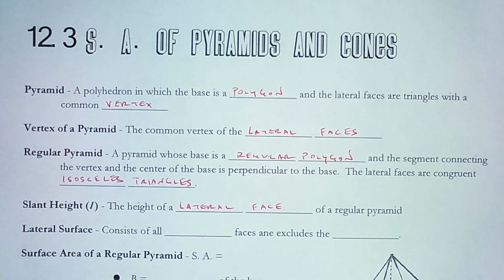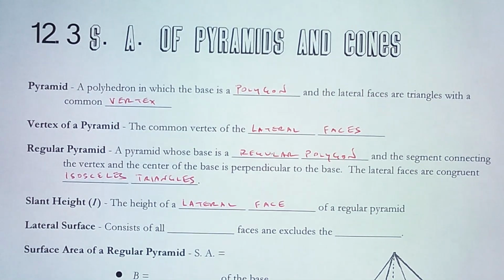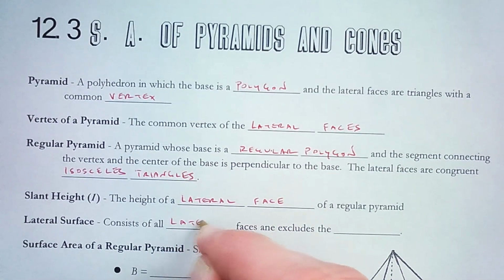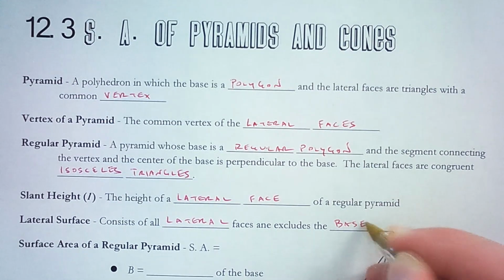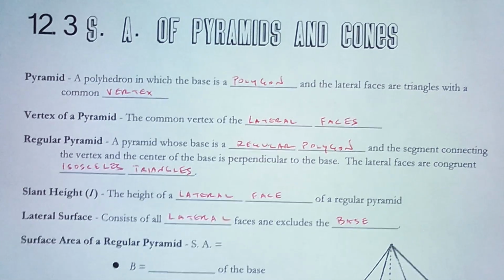The lateral surface consists of all lateral faces and excludes the base. So if you just need to know the lateral surface of any polyhedron, you use the lateral faces, but you do not use the base in that lateral surface.